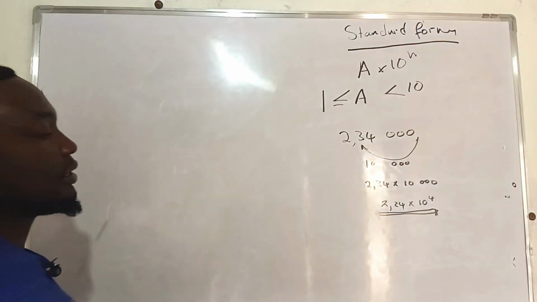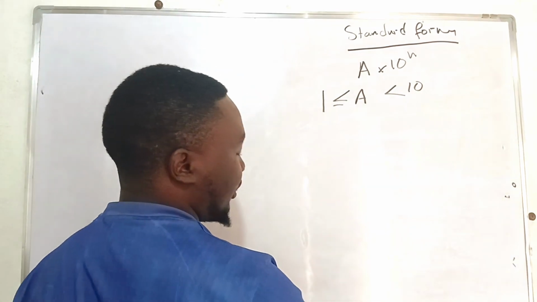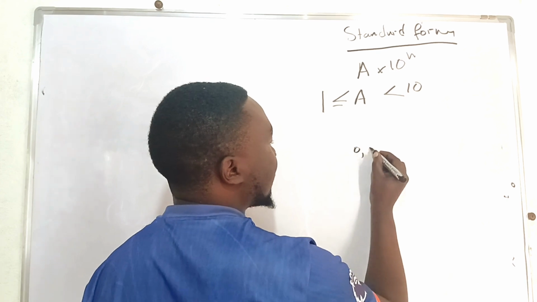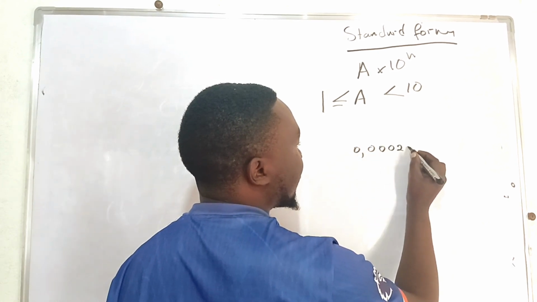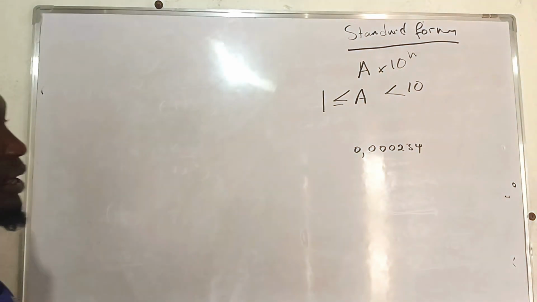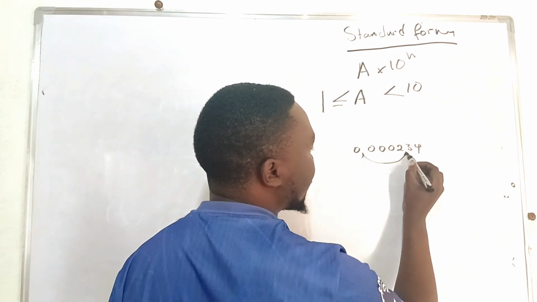Moving forward, we can have a decimal, 0.0000234. So this is a decimal, and you need to move the comma from here up to here.